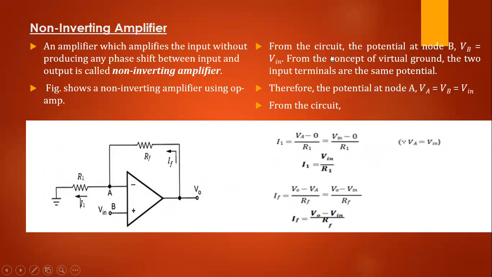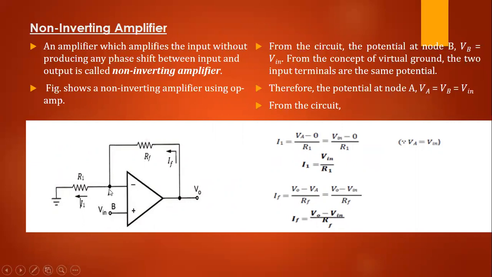See now from the circuit, potential at node B is equal to V in, right? Sorry, VB is equal to V in. Now, from the concept of virtual ground, the input terminals are at the same potential.